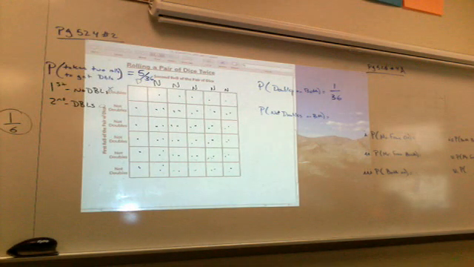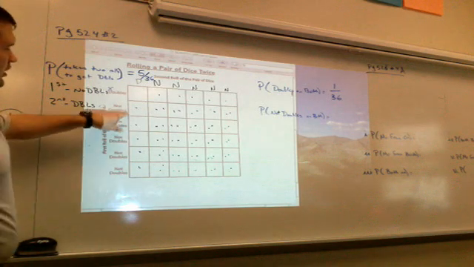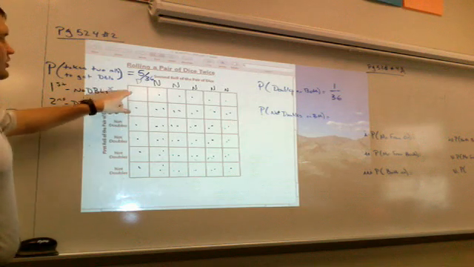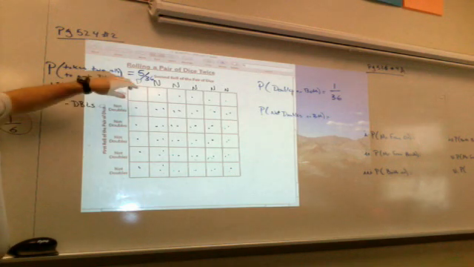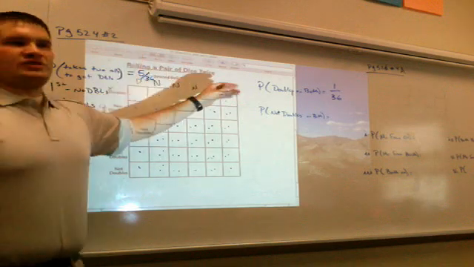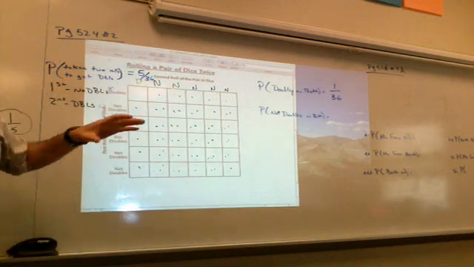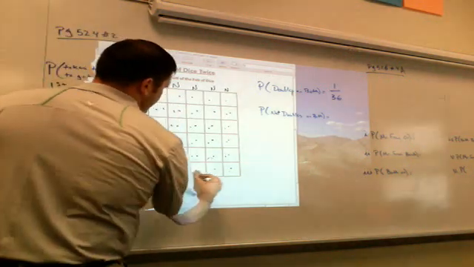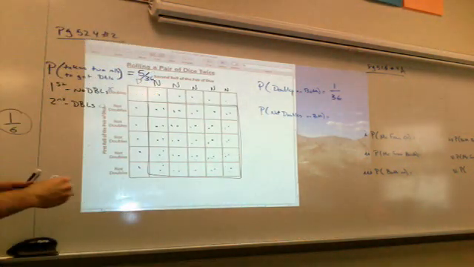Now, which squares are not doubles on both? The ones with 2 dots. Because this column right here is not doubles on the first row, but doubles on the second. And this row right here is doubles on the first and not doubles on the second. So the ones we're concerned with are the ones in there.